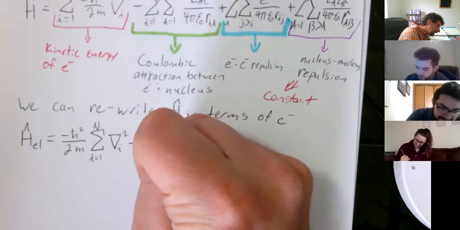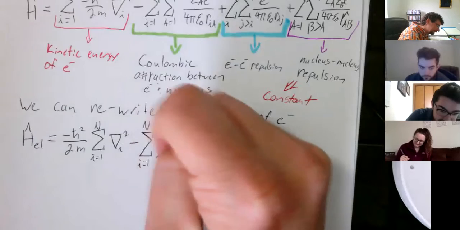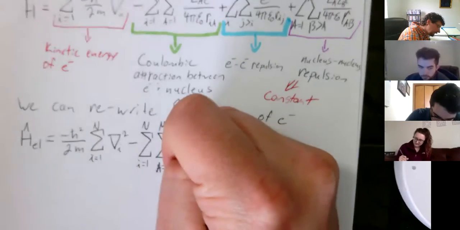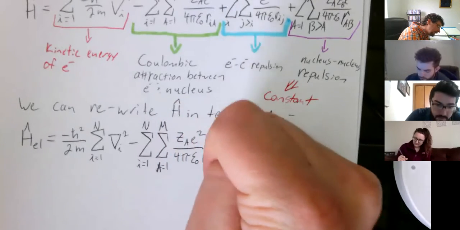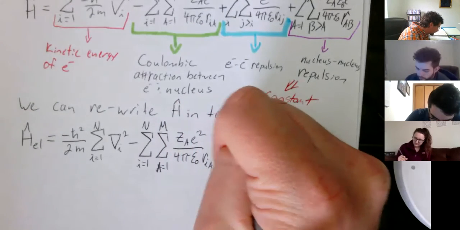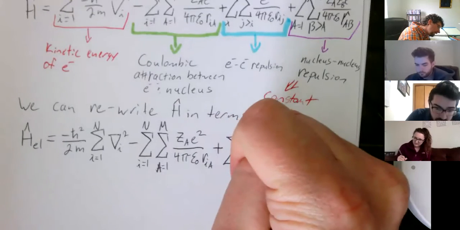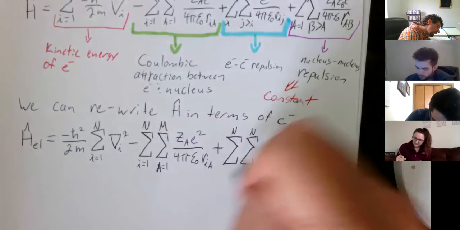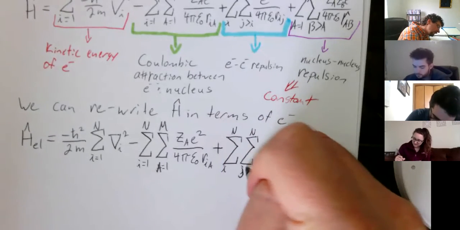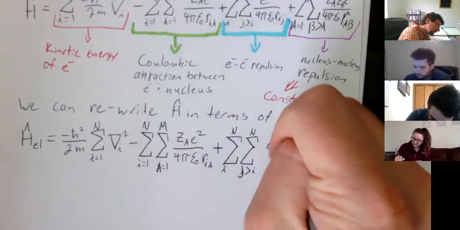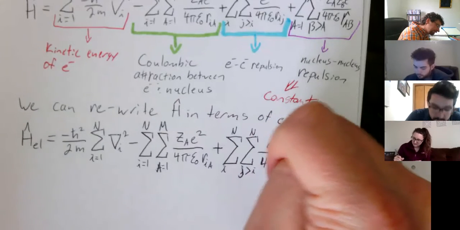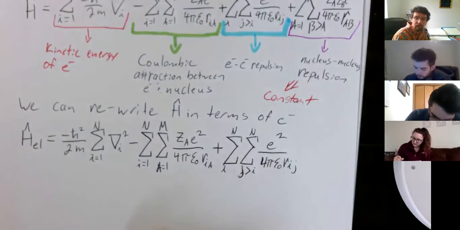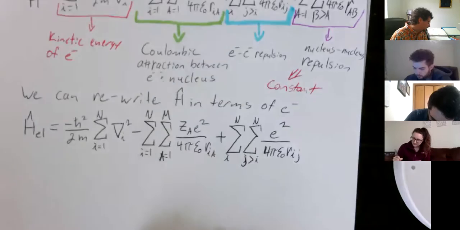Four pi epsilon R_iA, plus, I J, which is greater than I. Okay. So this is known as the electronic Hamiltonian.